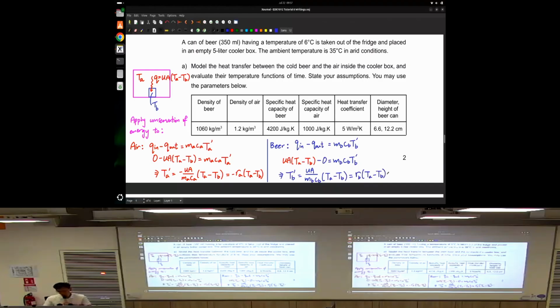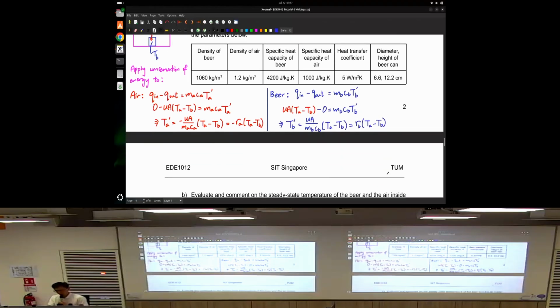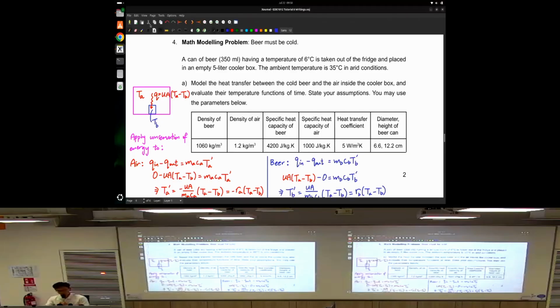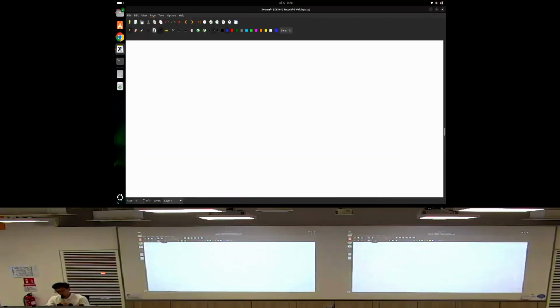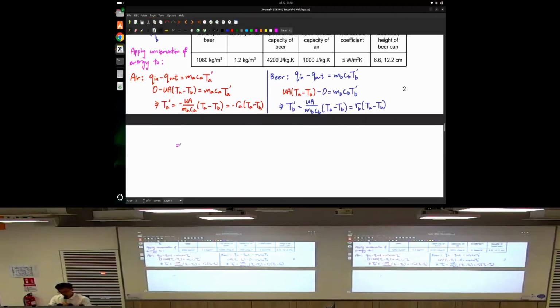So therefore, if you put the two equations into matrix notation, then you'll get the ODE already. So you have TA prime, TB prime equals to, so you see your minus RA here, right? So this one must be minus RA, then RA, this one will be RB, minus RB, then times TA, TB, and that's it.